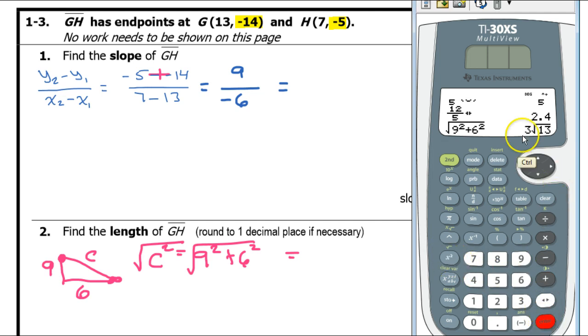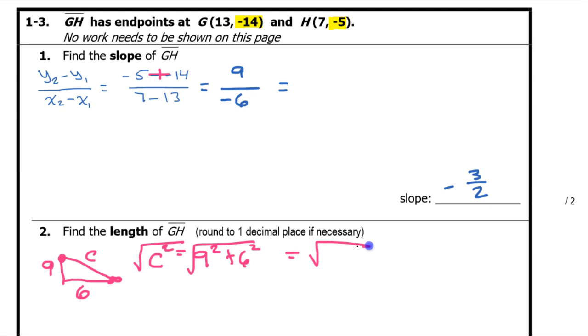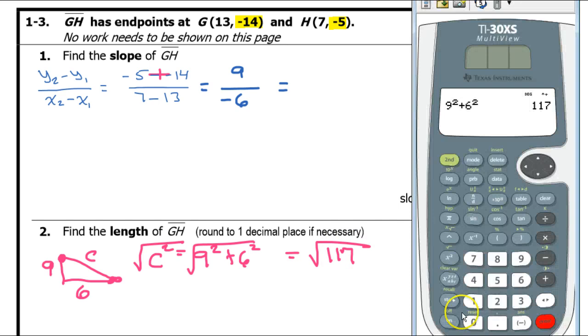Okay, 3 radical 13, that's pretty simplified. Let me do just the part under the radical. So if I have 9 squared plus 6 squared, that's 117. So I have radical 117. Now if I want a decimal, I will take the square root of 117.